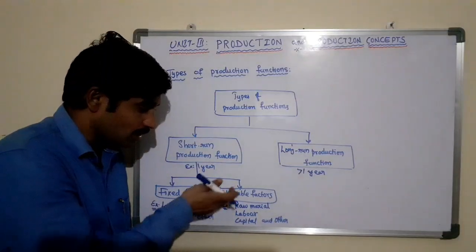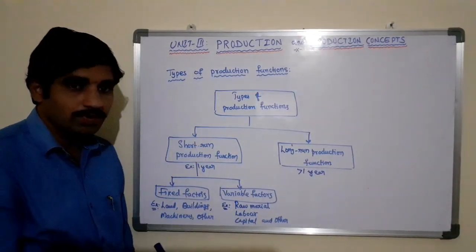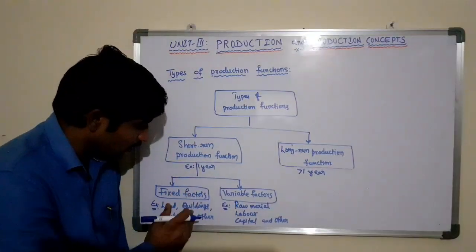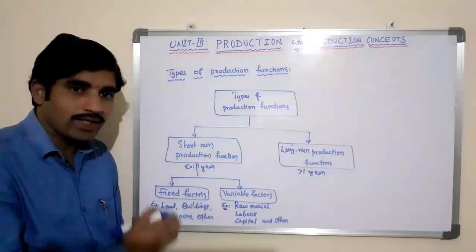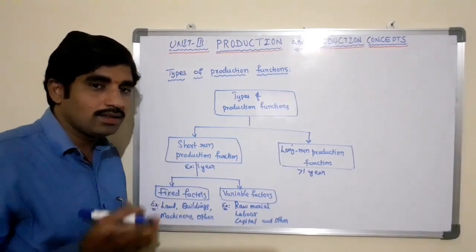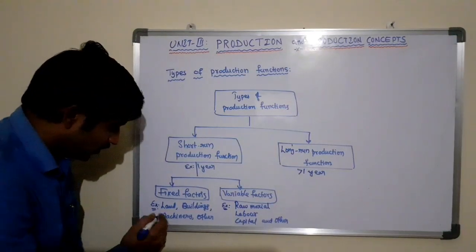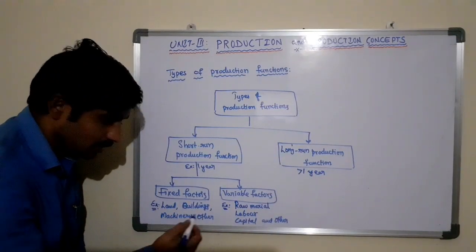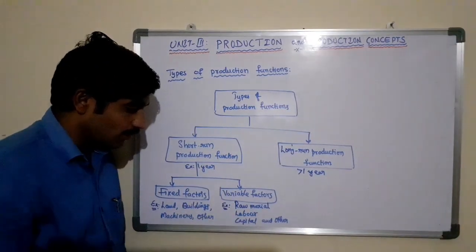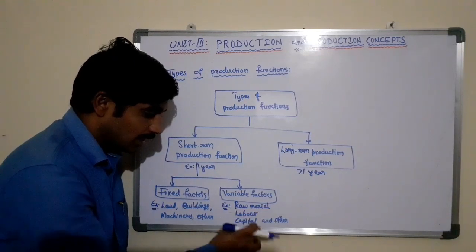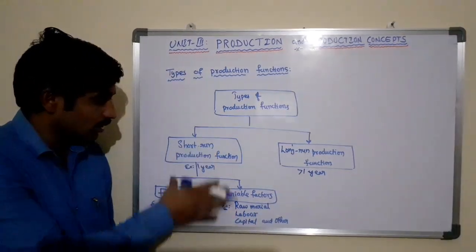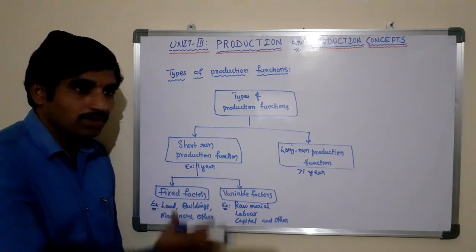These factors are the variable factors in short period. So here the input factors are classified into fixed factors and the variable factors. The fixed factors are land, buildings, machinery, and others, whereas the variable factors are raw material, labor, capital, and other factors which come under the short run production function.